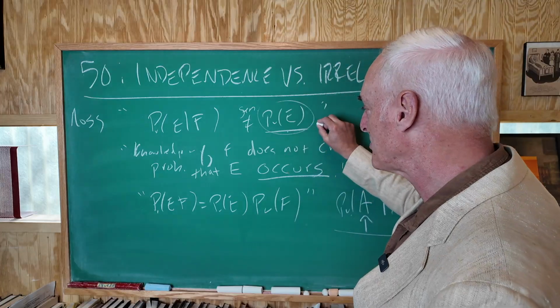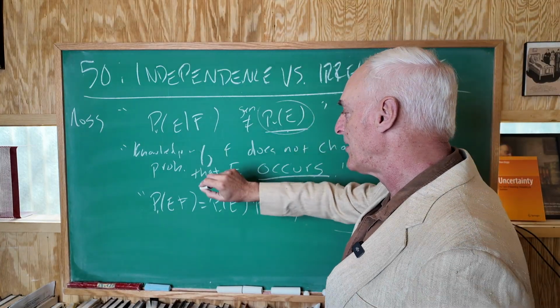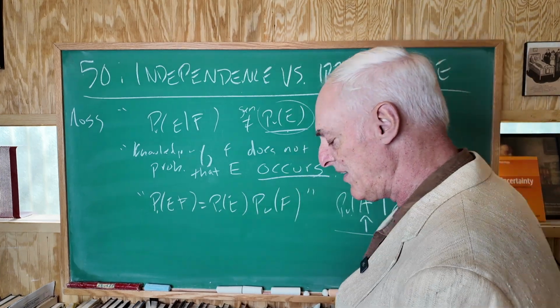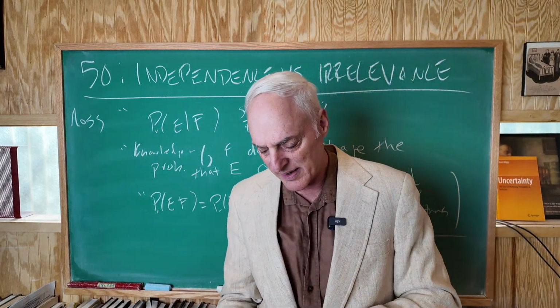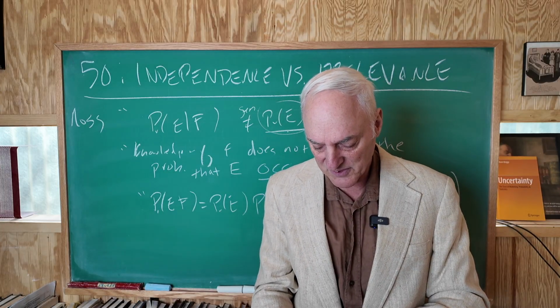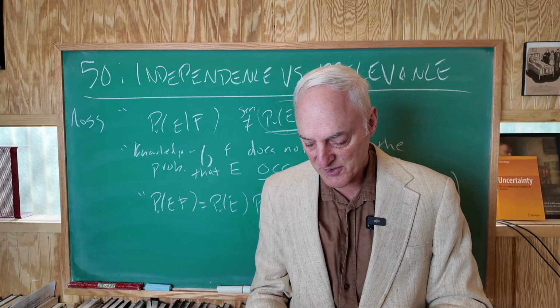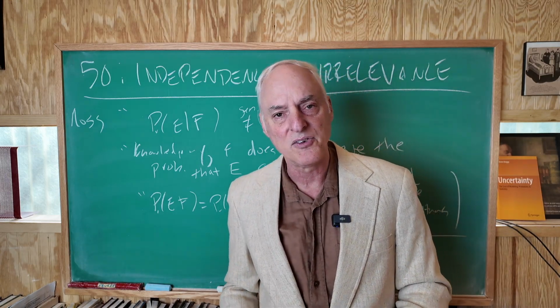And so that's our first mistake right here. So we need to fix that. And there is a smaller error here, but we need to understand this. He says, knowing that F has occurred generally changes the chances of E's occurrence.